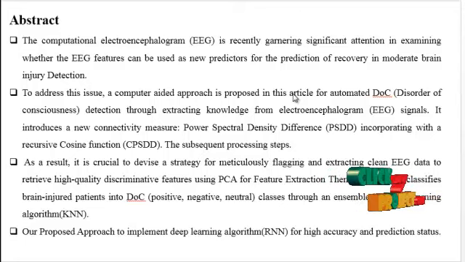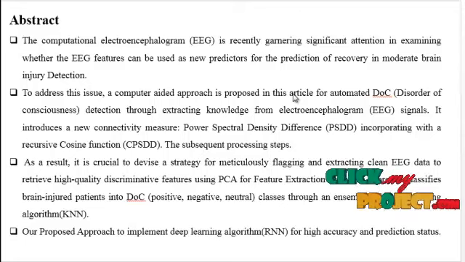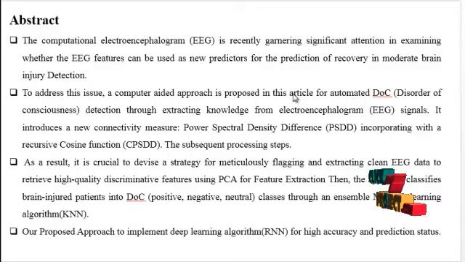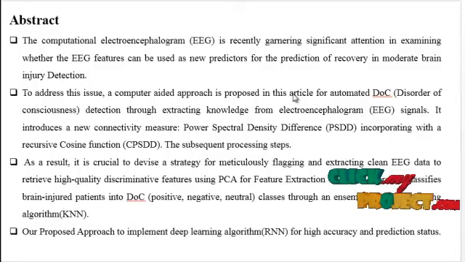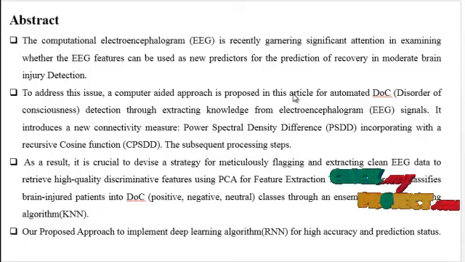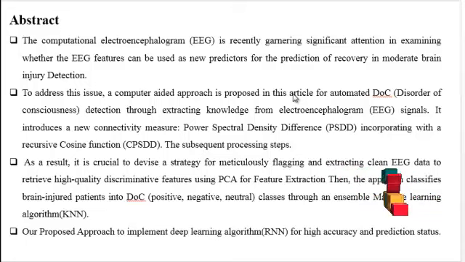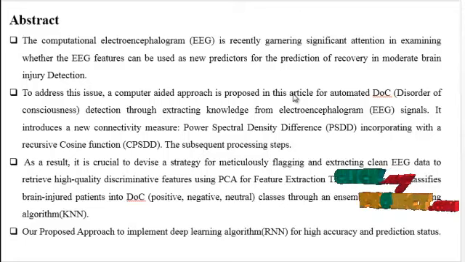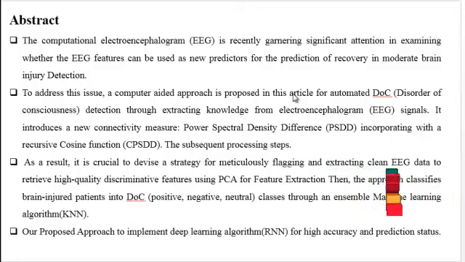It introduces a new connectivity measure, power spectral density difference, incorporating the recursive cosine function in the subsequent processing steps. As a result, it is crucial to devise a strategy for meticulously flagging and extracting clean EEG data to retrieve high quality discriminative features using PCA for future extraction.